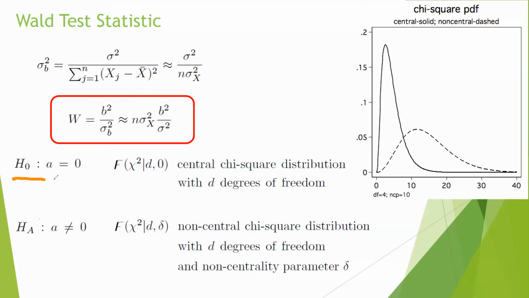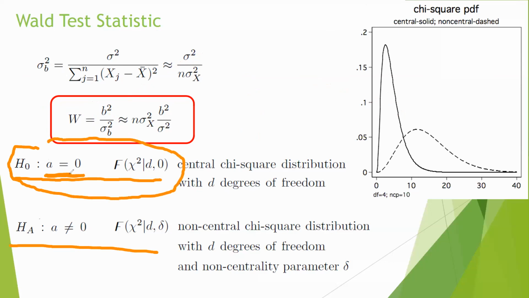So we have two distributions, and I tried to connect this with the example. This distribution means additive effect equals 0, which means there's no association between this locus and the trait. If this is the case, your data should follow the central chi-square distribution, where the parameter for this chi-square distribution equals 0.